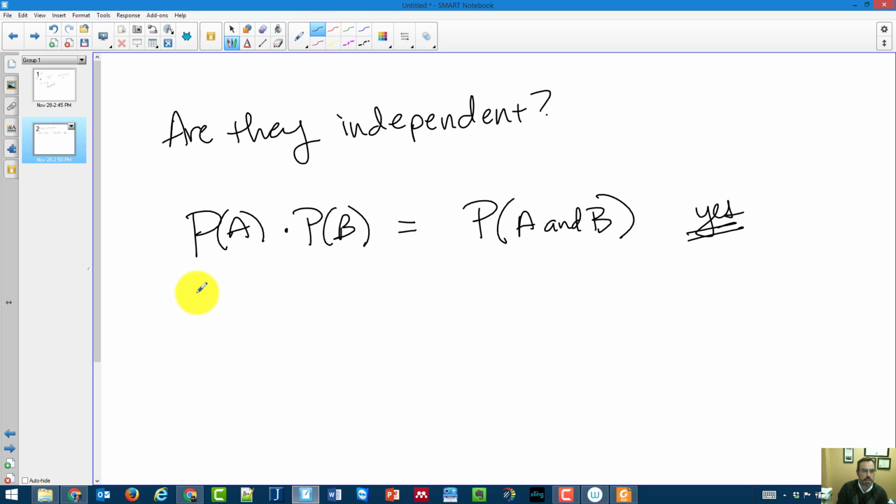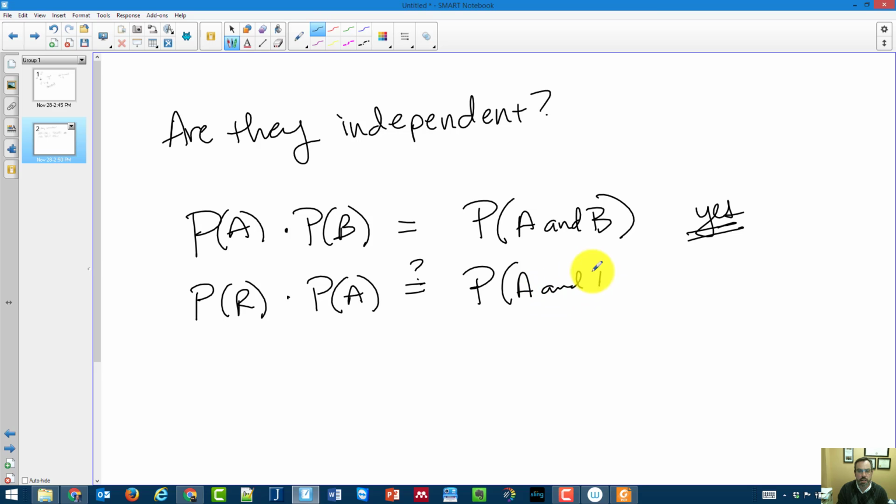If I take the probability of drawing a red card times the probability of drawing an ace, I'm wondering, do I get the probability of drawing an ace and a red card? So let's take a look at this. I know how many red aces there are in a deck. There are 2 out of 52, so 1 out of 26.